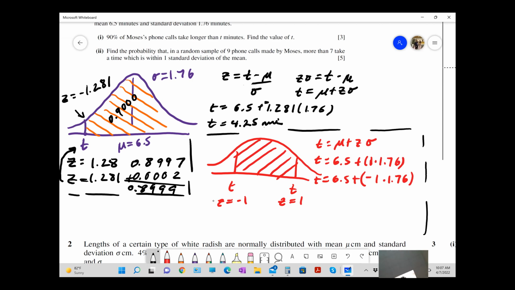So now we end up with 2 times. So you have 6.5 plus 1.76, so we have 8.26 here. And then we have 6.5 minus 1.76. We have 4.74.